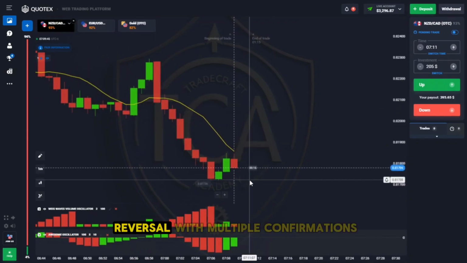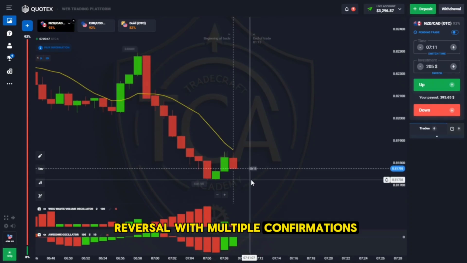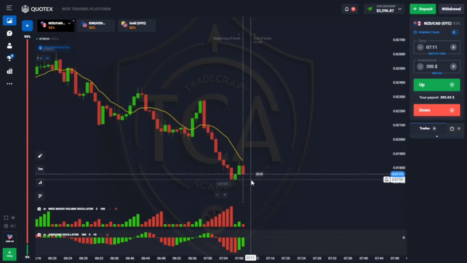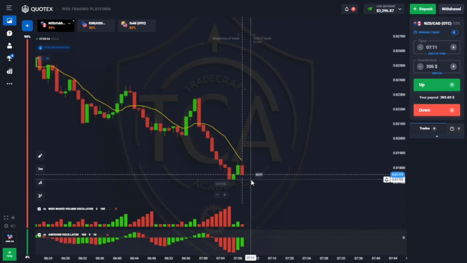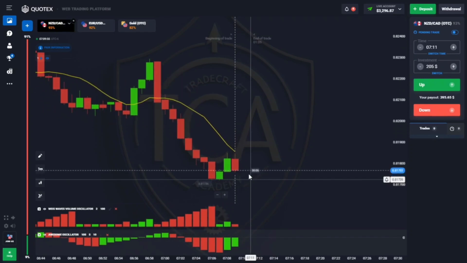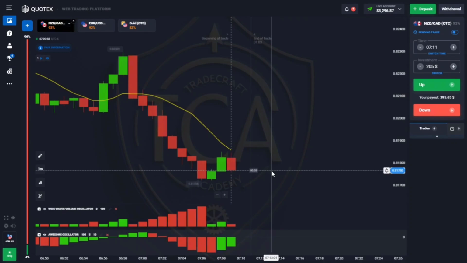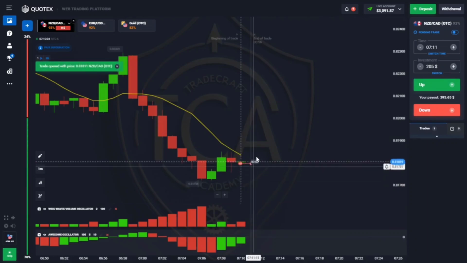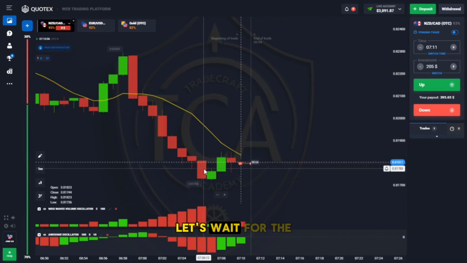This market is in reversal with multiple confirmations. So I placed a put option trade. Let's wait for the result.